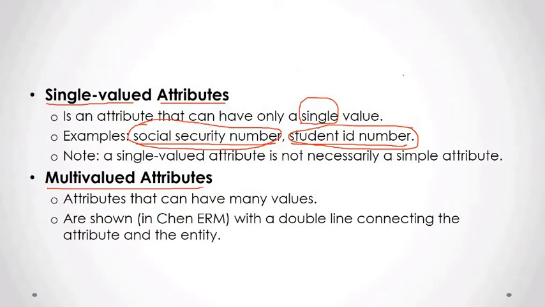So even if you had graduated already, and then you came back to study, probably graduate studies or another degree, the school will still use the same ID, or you will still be using the same ID as what you had before. Okay, so that's why this is a single valued attribute.